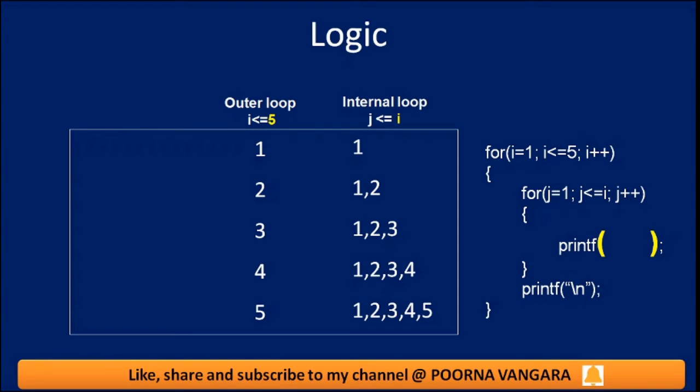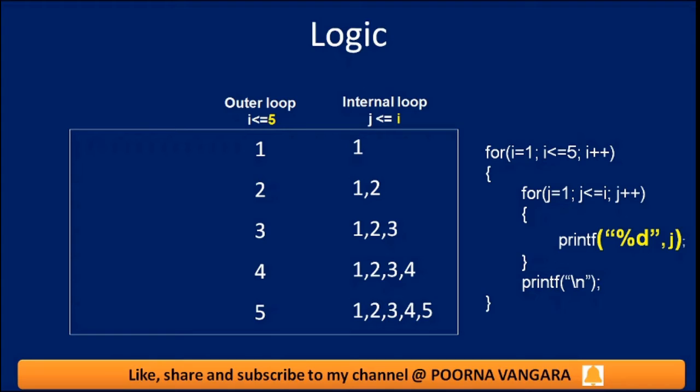Now, again I am changing the character in the printf. Now I change it to J. So that means just look at J. Whatever value J is maintaining, that value I am printing. How many times? Same. In the first line, 1 time. In the second line, twice. Like that.